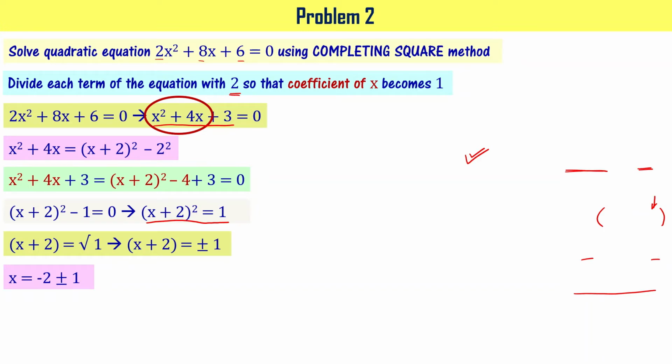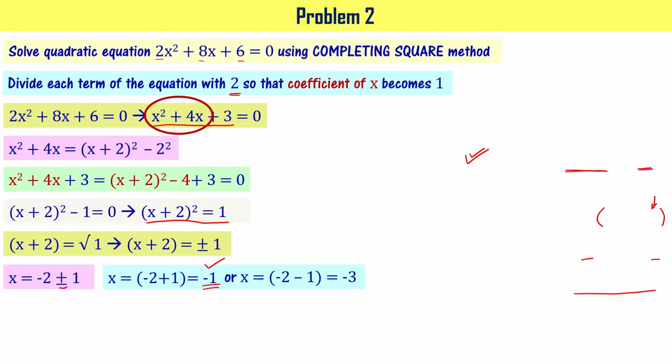Now let me consider +1. It means x becomes −2 + 1, that is equal to −1. If I consider the minus symbol here, then x = −2 − 1, that is equal to −3. It means we have got two values for x.